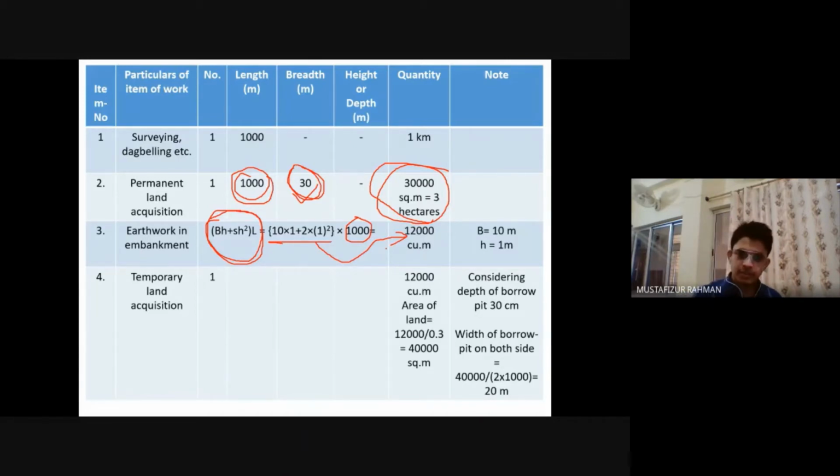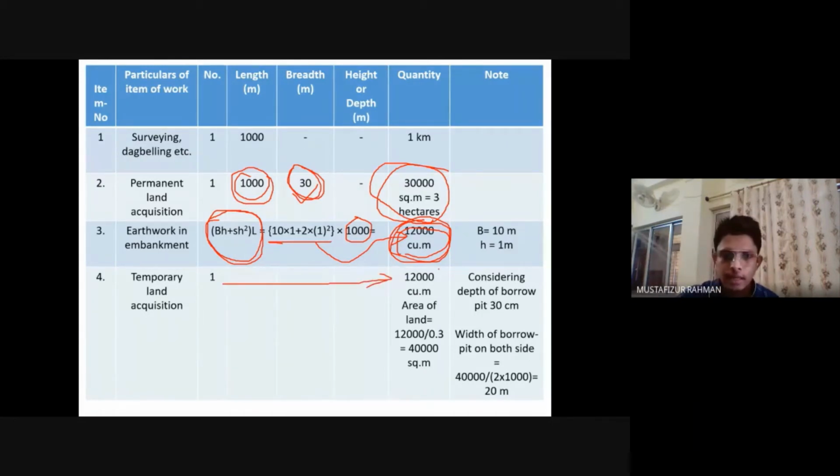Now, from the previous problem, we know that if this much embankment soil is required, then that is the same amount of earthwork we will be requiring for temporary land acquisition, obviously. This is the soil required in the embankment. So this is the soil we have to bring in by digging borrow pits. Land acquisition, how much we have to do?